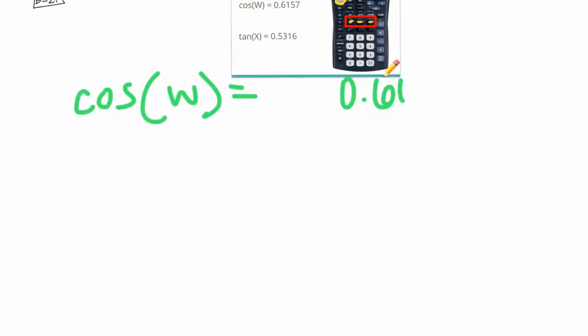Very similarly, I can do cosine of w. Cosine of w equals 0.6157.